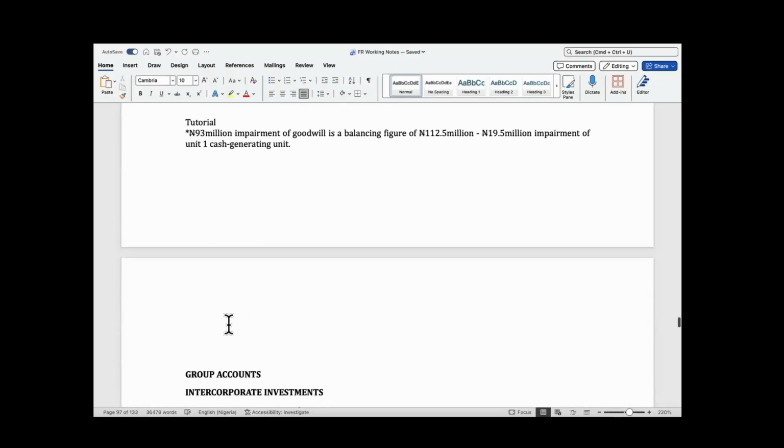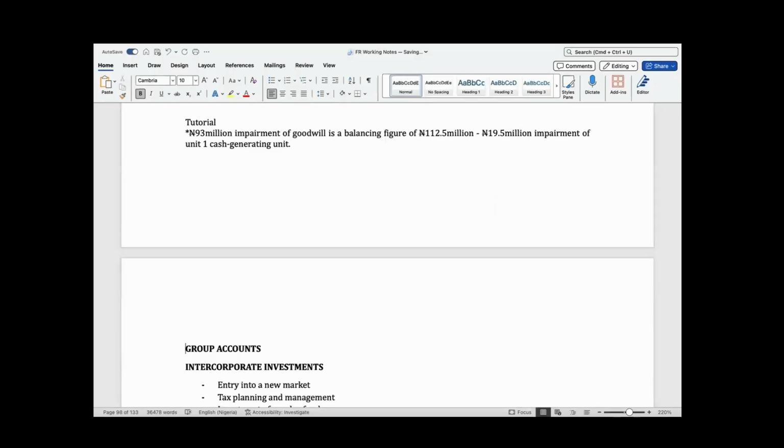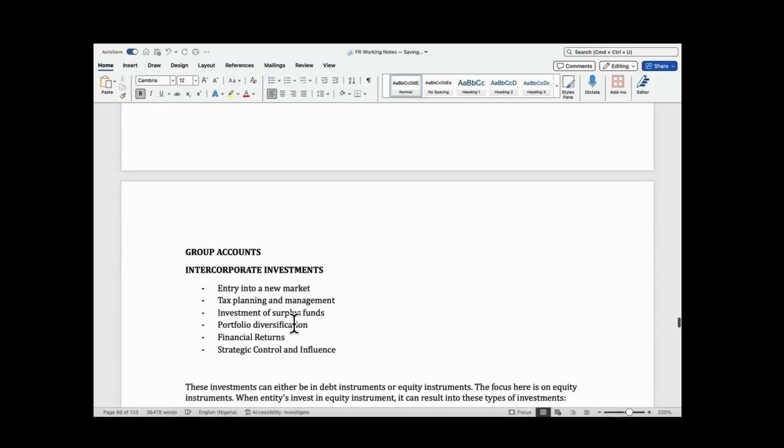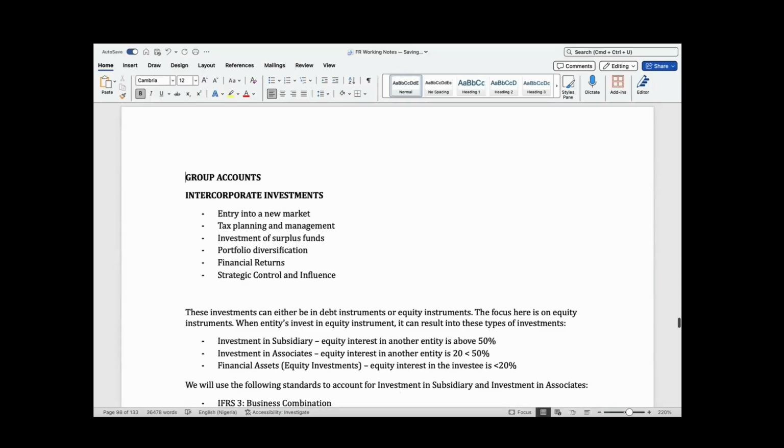For the guys in skills, look at all your notes that I've been collating, just working notes. By the time I'm done with group next week, this note has built up to 133 pages already. And how many weeks class have we done? It's like the 7th week.